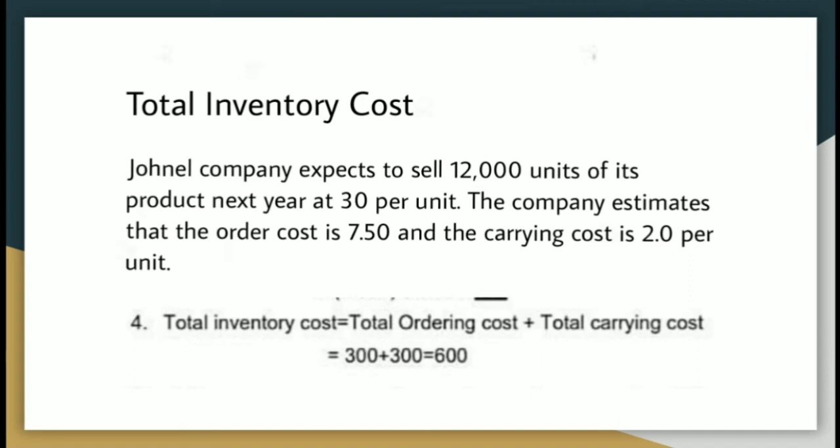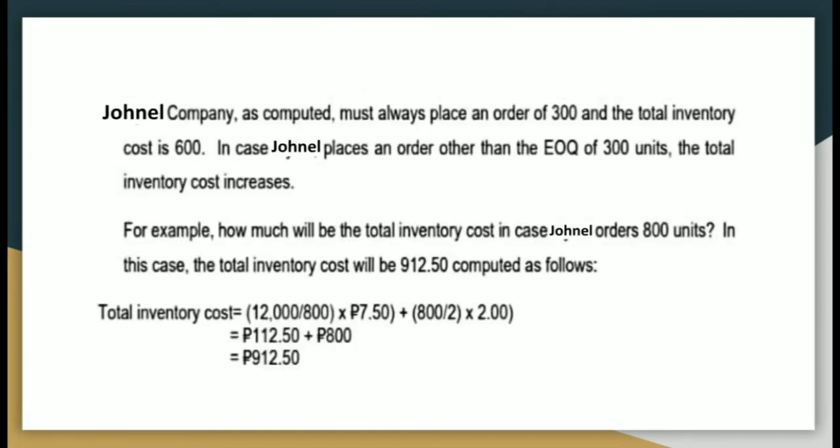And we have also computed carrying cost, which is also 300. So we will just add them, and that would give us the total inventory cost, which is 300 plus 300 equals 600. Janelle Company, as computed, must always place an order of 300, and the total inventory cost is 600.